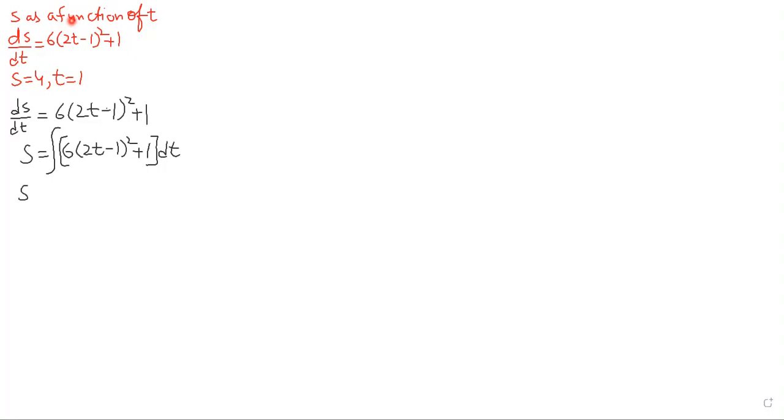So now before integration, I am expanding my integration over all the brackets: (2t minus 1) whole square integrated with respect to t, and then 1 will be integrated with respect to t.